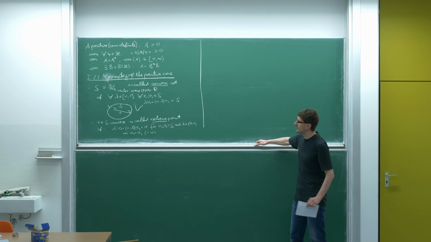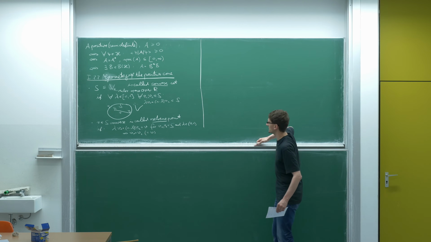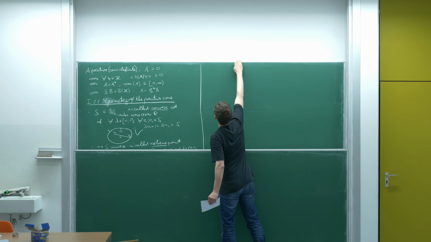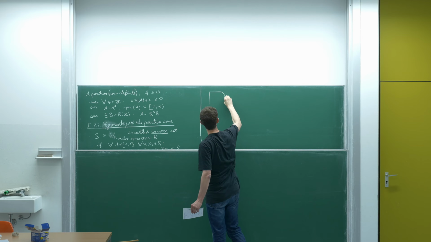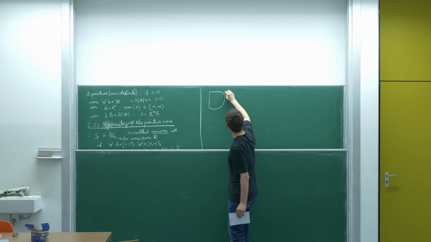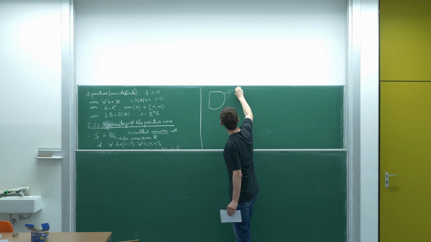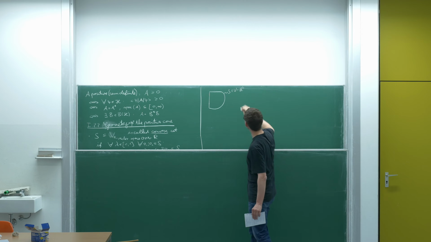Now let me define another notion for a convex set, namely the face of a convex set. Take as an example the following convex set. This would be the set S, a subset of the 2-dimensional real vector space, which is the blackboard.